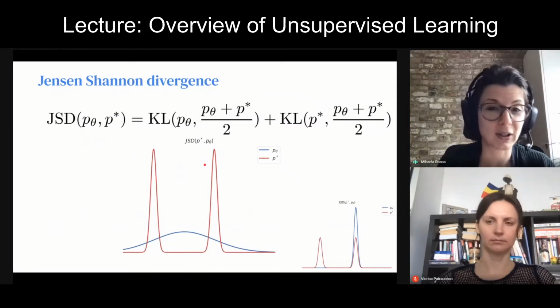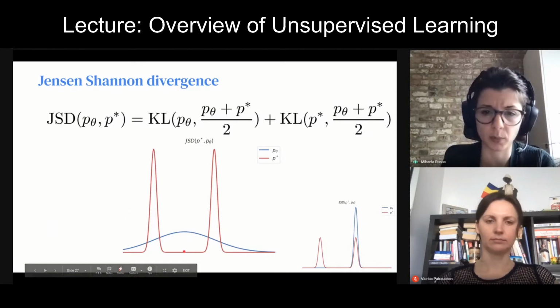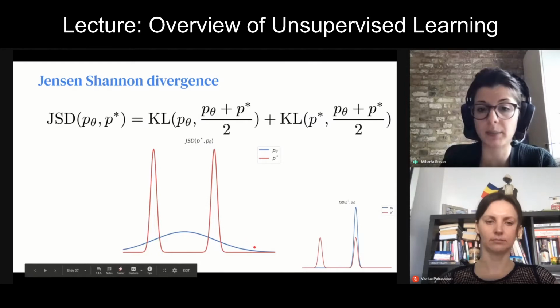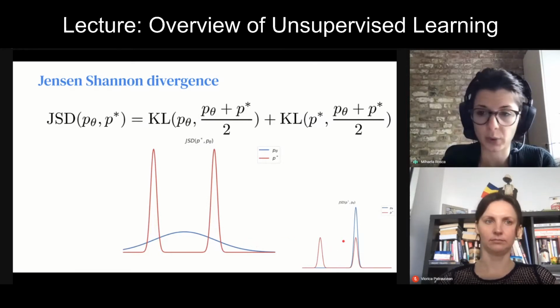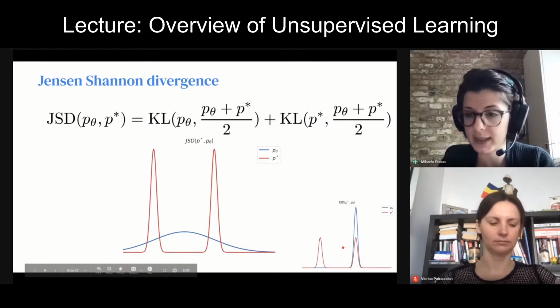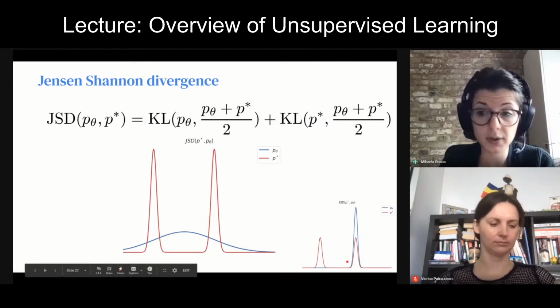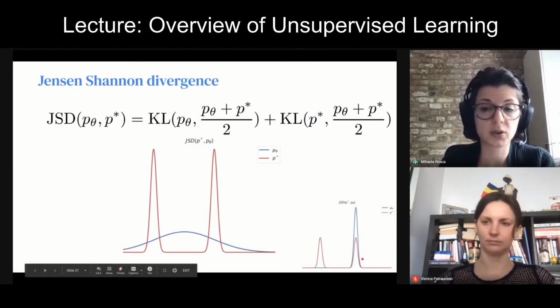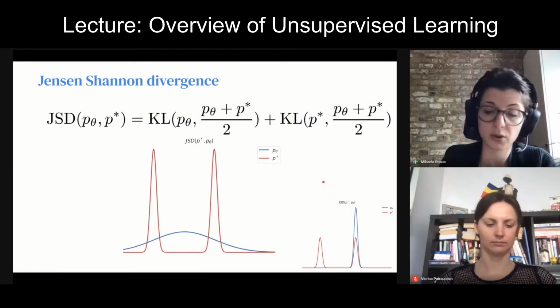So this is another important idea, that model initialization really matters. If I initialize my Gaussian to be somewhere in between the two modes, it will do the maximum likelihood solution. Now here, in this right-hand side corner, what we see is that if I initialize my model very close to one of the modes, it's going to do the reverse KL solution.